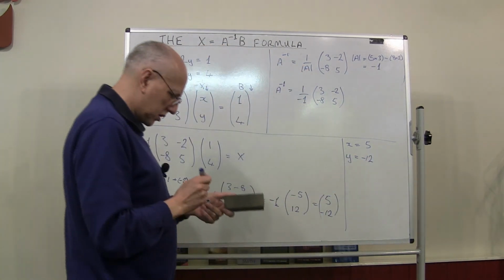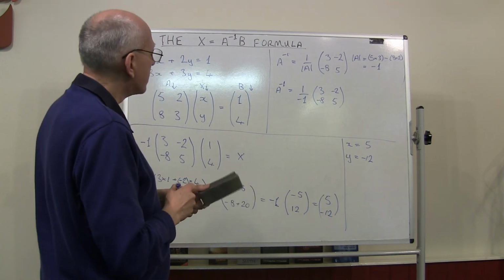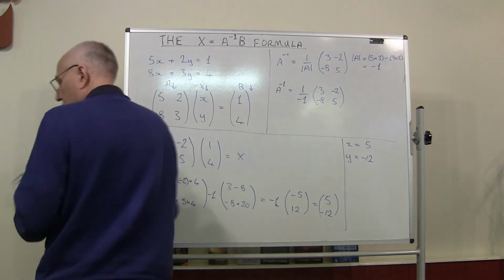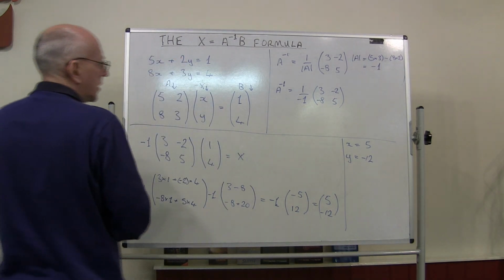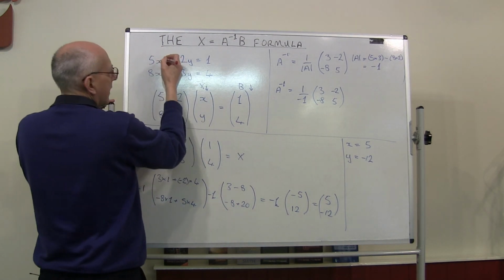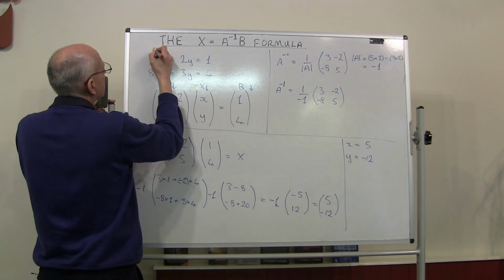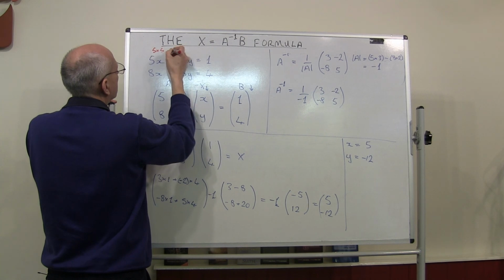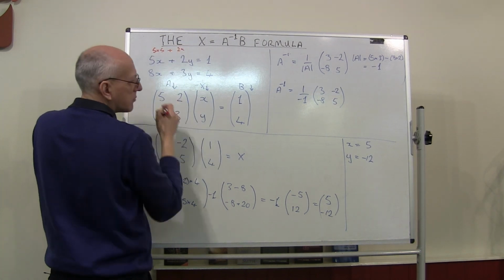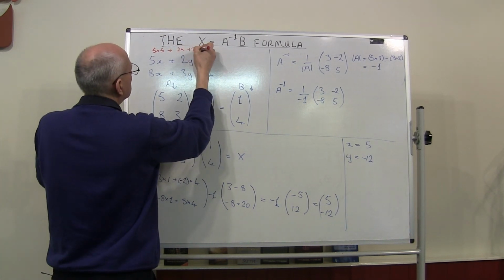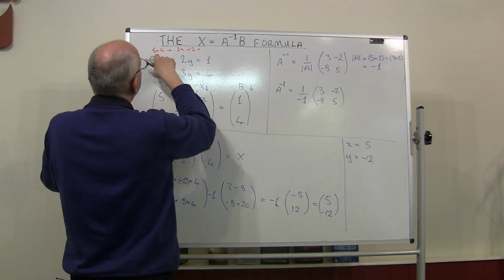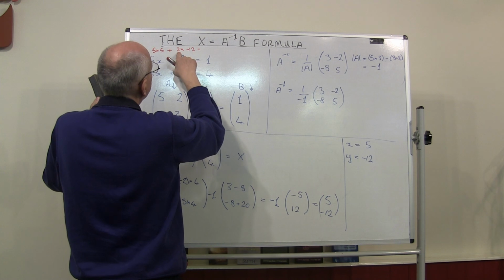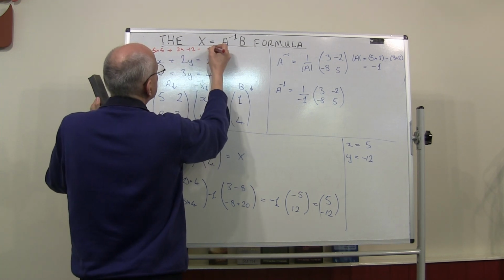Now, what's the test? How do I know I've got the right answer? Very simple. Put these numbers back into here and see if we get the same answer. So let's say, for example, this is 5. Because I'm running out of board, I'll do it up here. 5 times 5 plus 2 times minus 12. So that's 25 minus 24 equals 1.